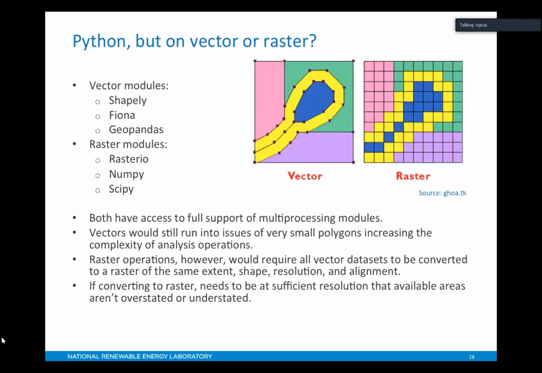And so when we were converting from vector to raster for the sake of the analysis, we needed to decide on a small enough resolution that would allow the presence of certain vector polygons to still be available and have the right area and the right presence, and not overstate or understate things. And so that was something that we had to consider up front.